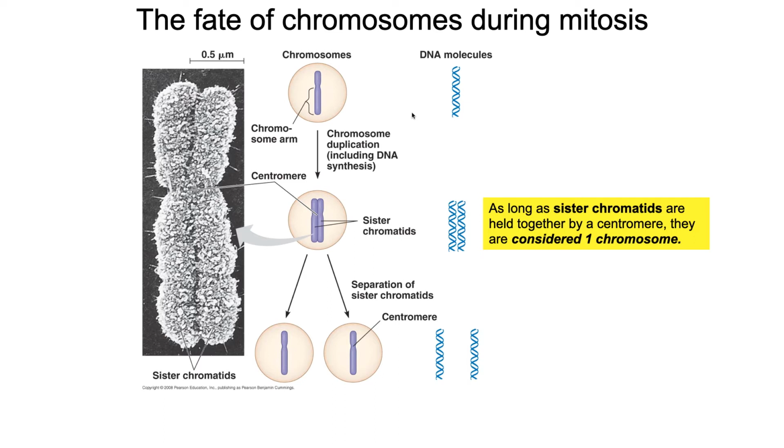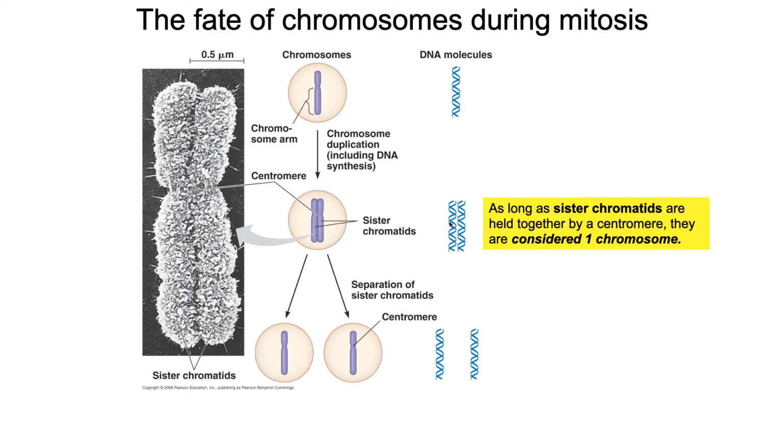But if that cell is going to divide, what happens during the S phase of interphase is this double-stranded DNA molecule duplicates. So now you have 2 of them. These guys are 100% identical to each other. This isn't a case where one of these comes from mom and one of these comes from dad.